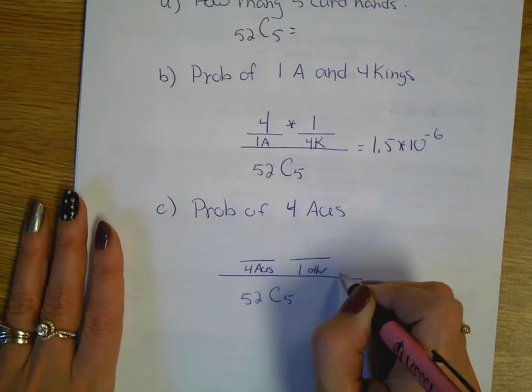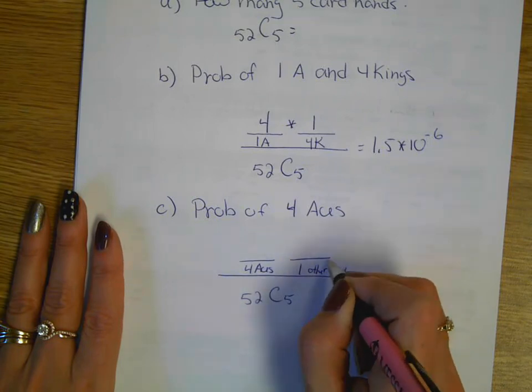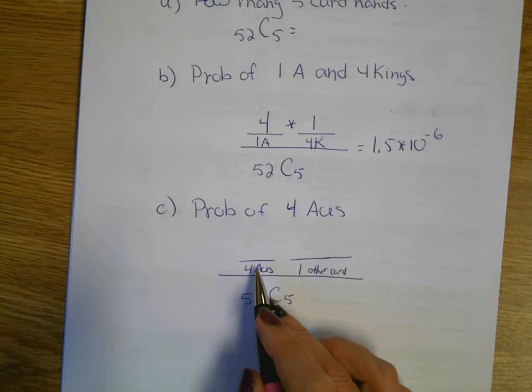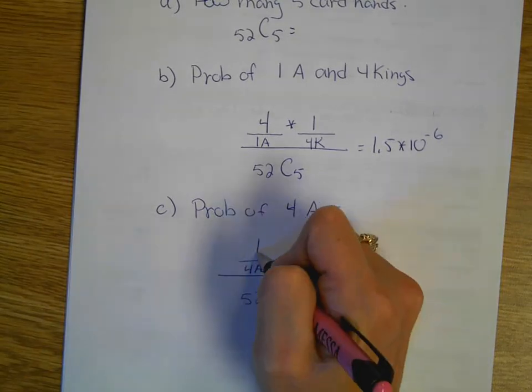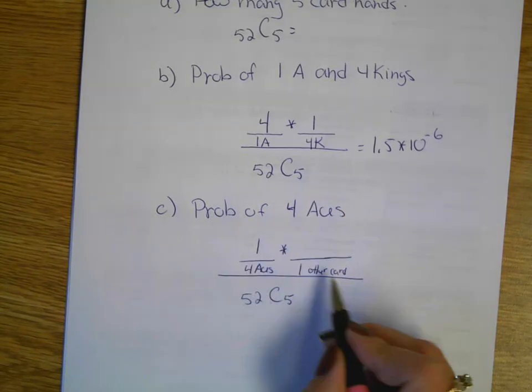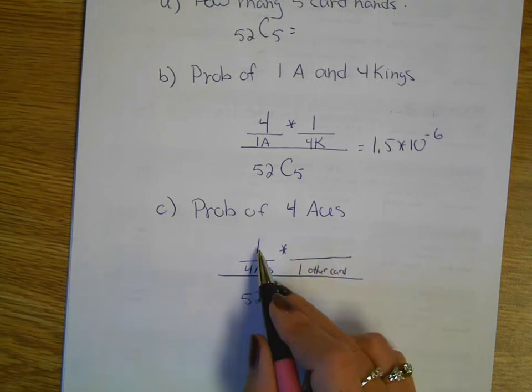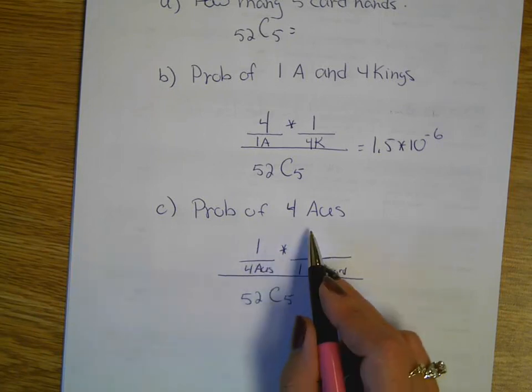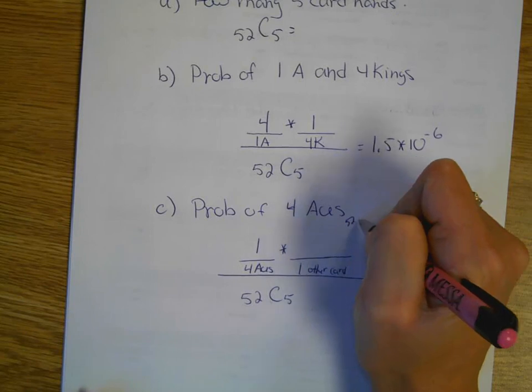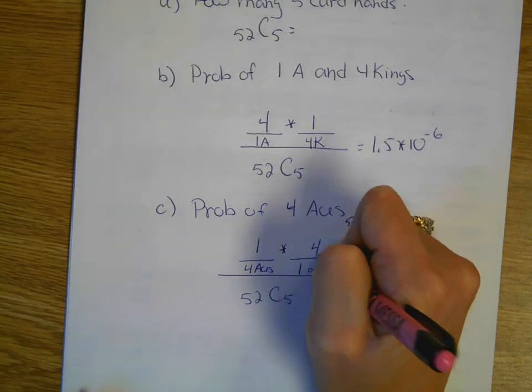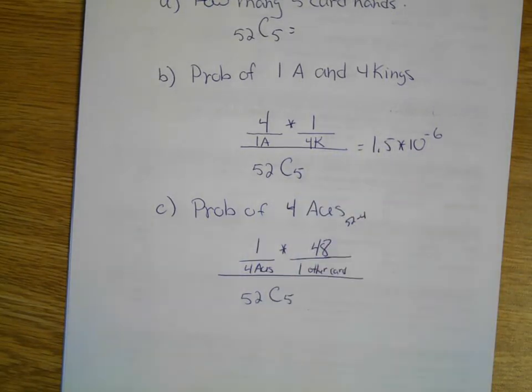Okay, being dealt 4 aces. How many sets of 4 aces exist? There's only one. How many other cards are there that I could be dealt? Well, if I got the 4 aces, there's 52 cards in the deck. 52 minus 4 is going to give me 48 other cards.